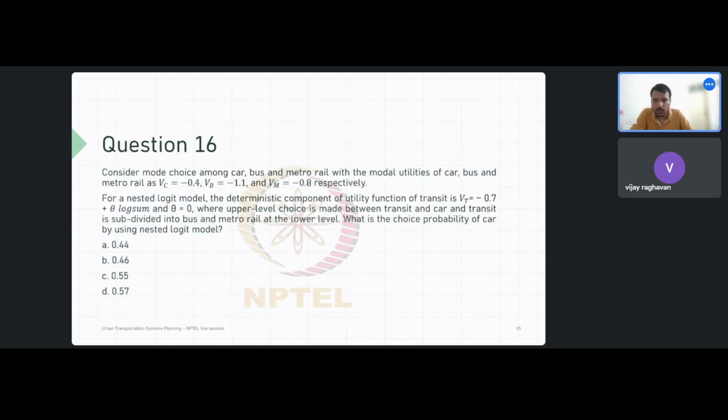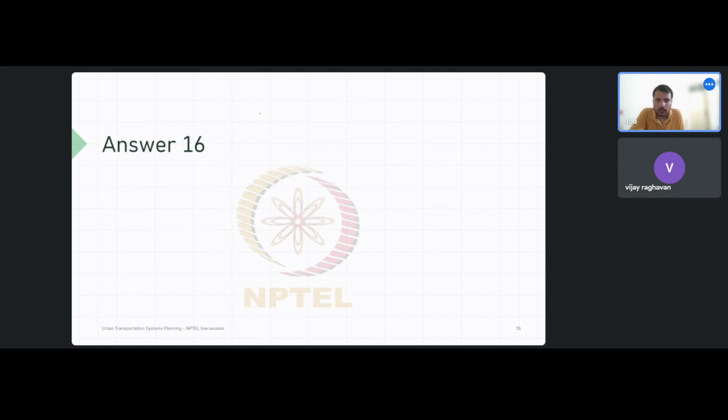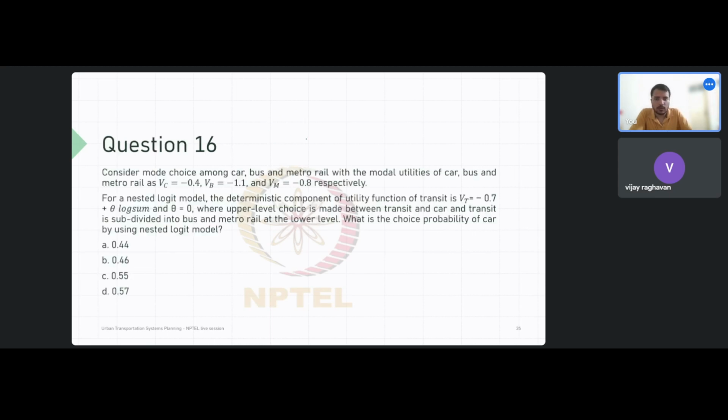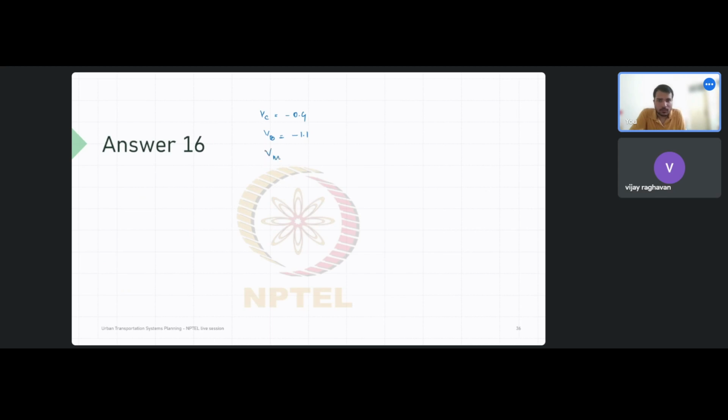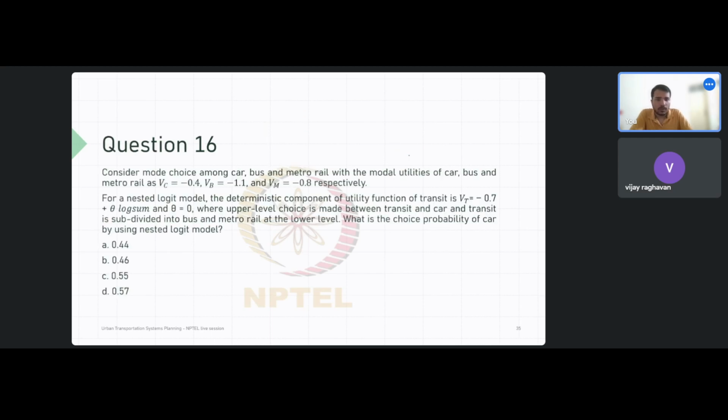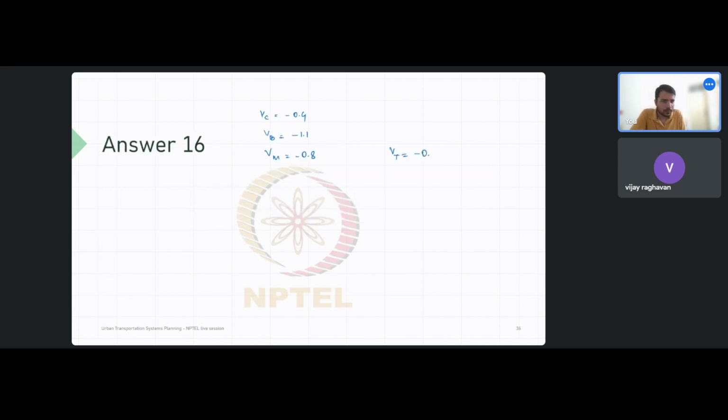Vc is minus 0.4, Vb is minus 1.1, Vm is minus 0.8. Here Vt is minus 0.7 plus theta log sum, and theta is 0. So Vt will be nothing but minus 0.7. So this term we are ignoring.